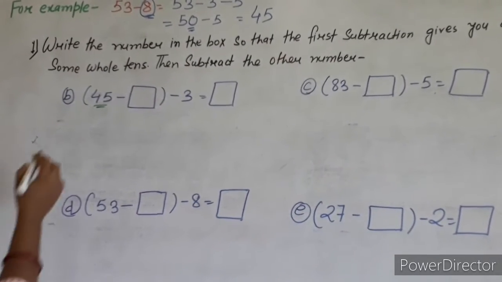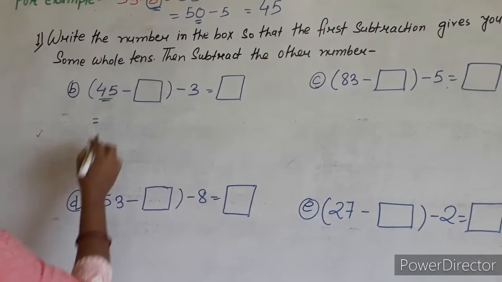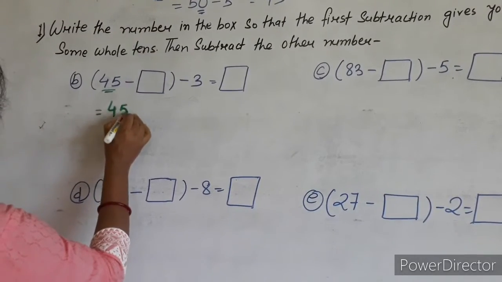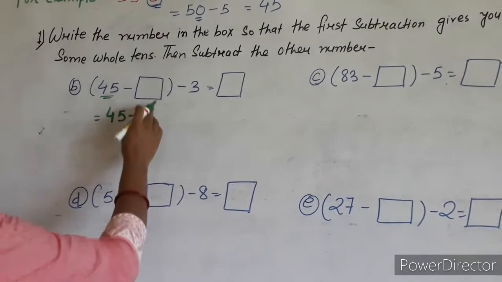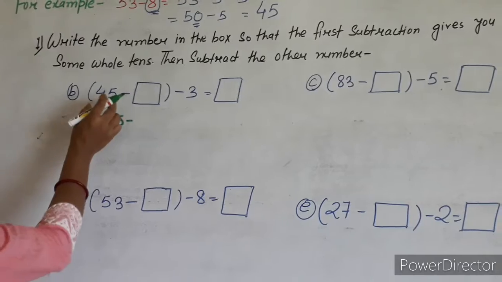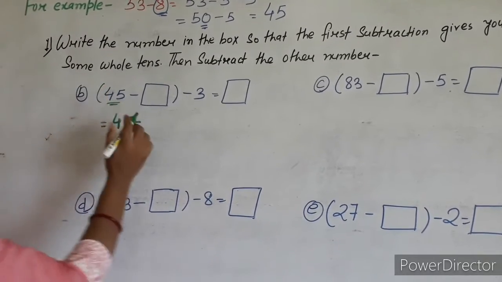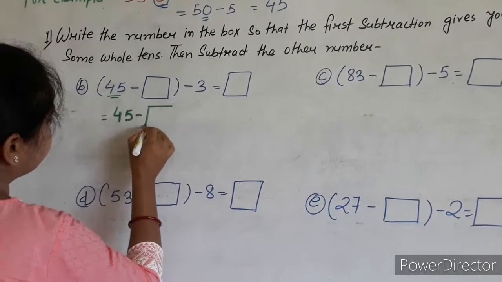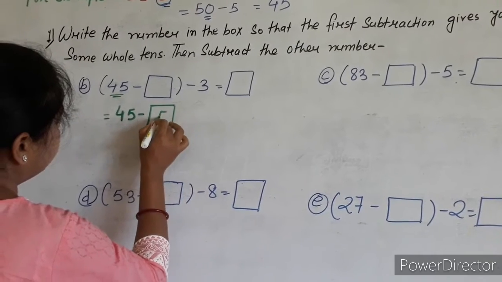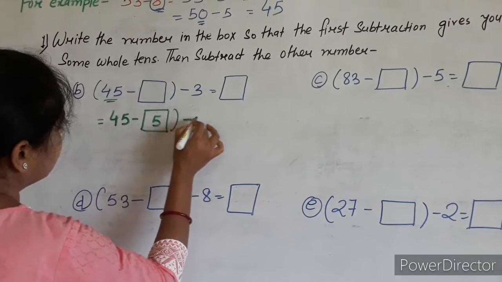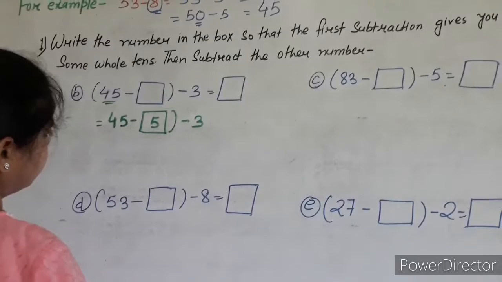So let me start. First, 45 minus 8. We have to make it the nearest 10, so we write here 45 minus 5, then minus 3.